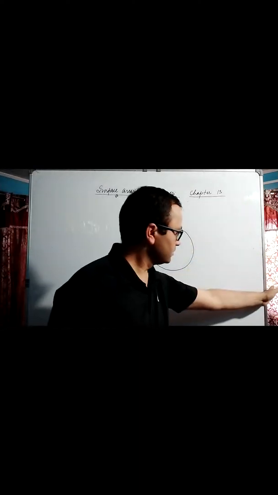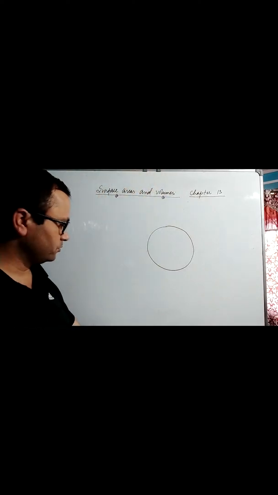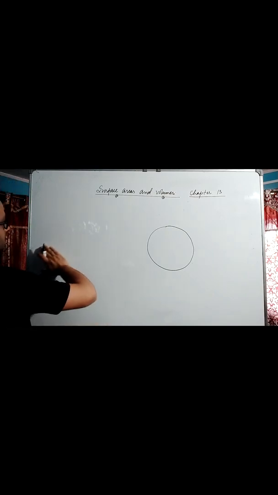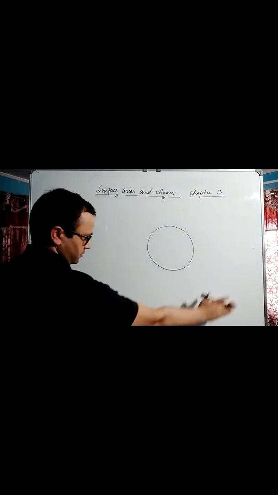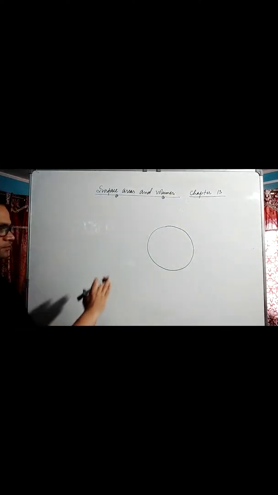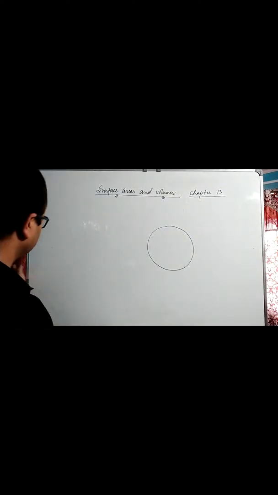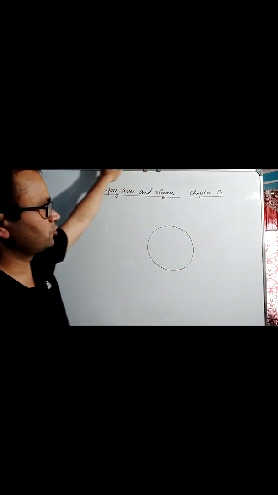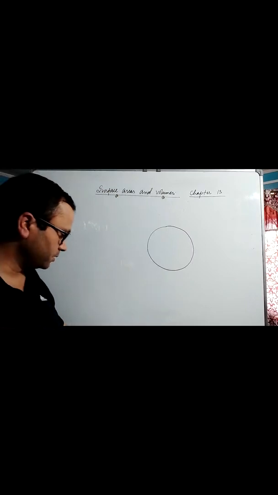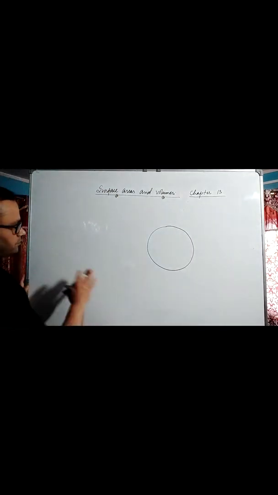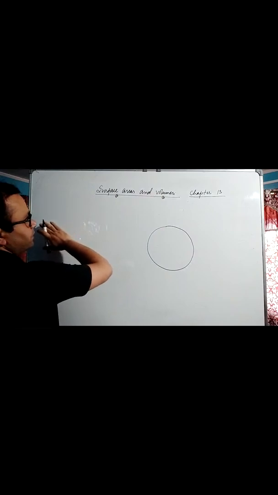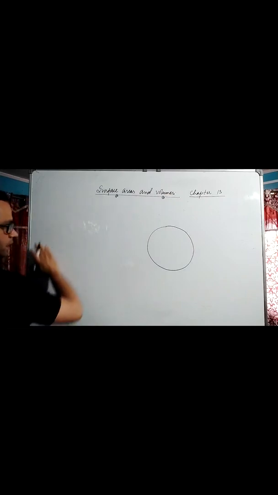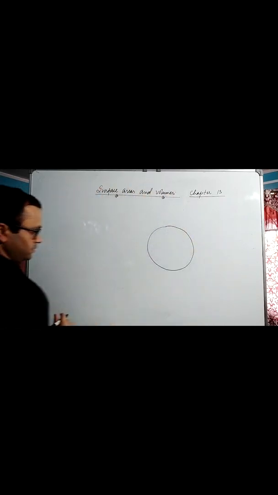Sidewise faces, up and down faces. One face has a surface, the backside has a surface, sidewise also has a surface, the top part has a surface, and the bottom part has a surface. This is the surface of the cuboid.